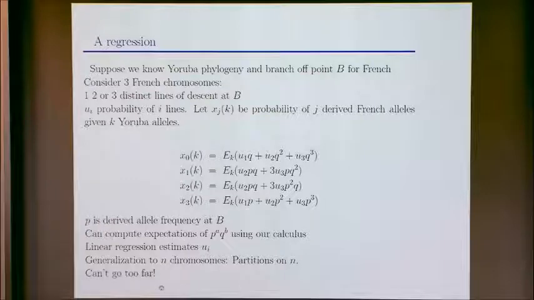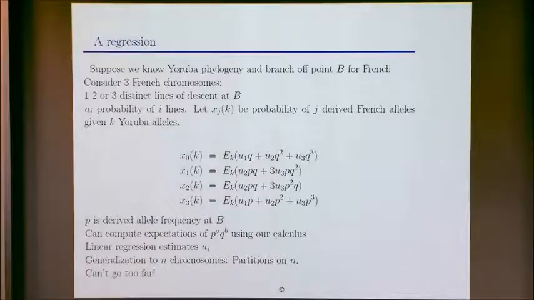So this is not going to work if the number of alleles you're observing on the Eurasian side is large, because you start having to worry about all the ways you can partition up N, which is growing exponentially. But I think that there's a lot of inference that's important here that can be done with quite small numbers.